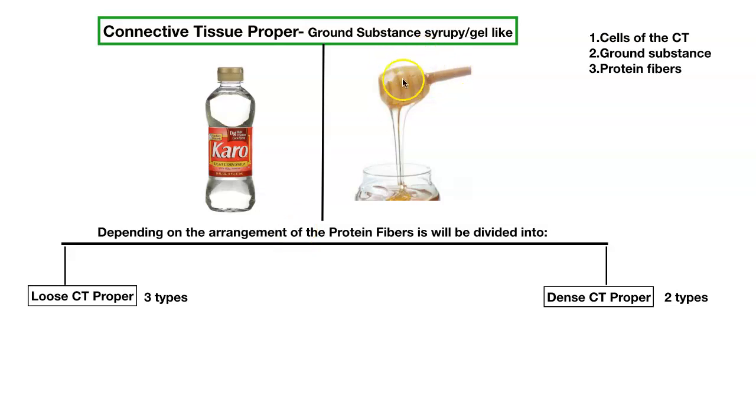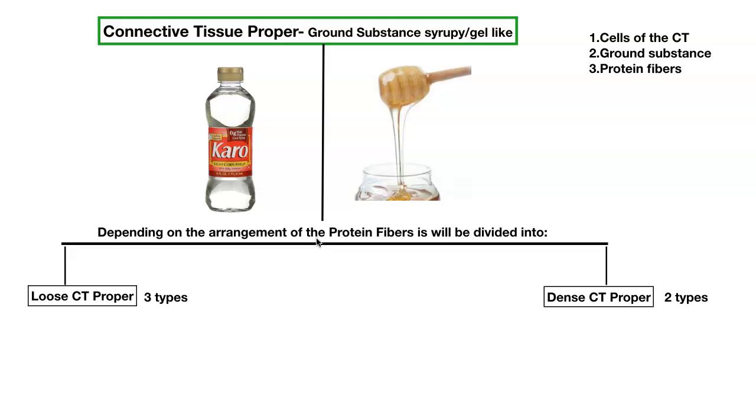What else is going to be in the matrix besides the ground substance? Protein fibers. Remember, these two things, ground substance and protein fibers, make your matrix. So we know the ground substance in all connective tissue proper is syrupy. What about the protein fibers? How are they arranged?